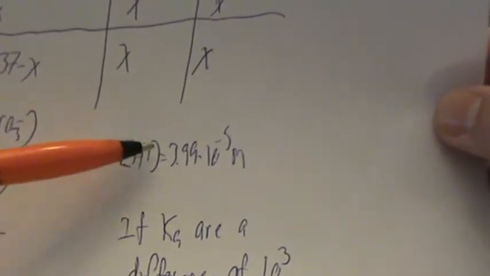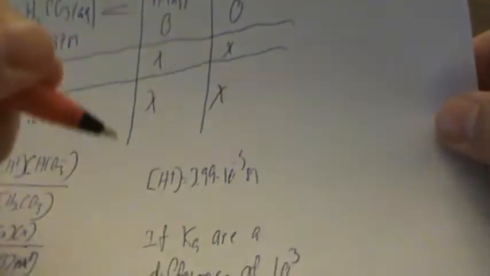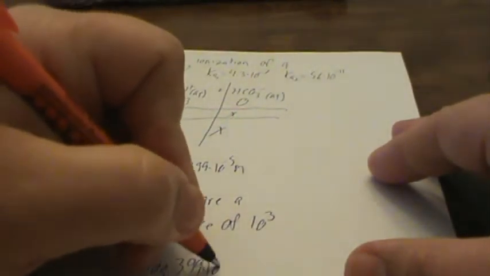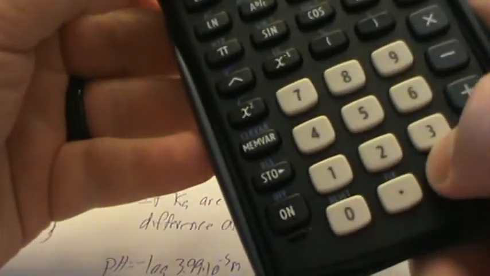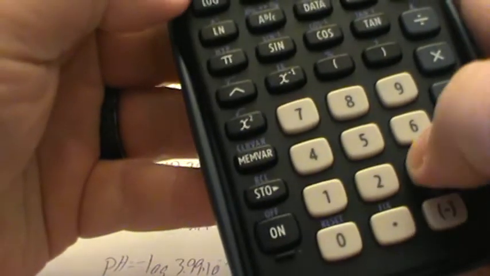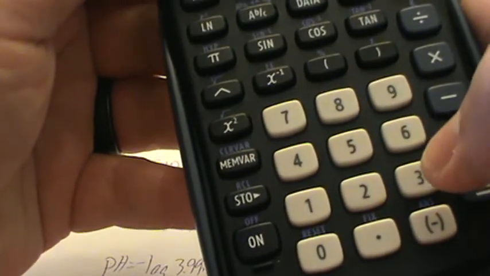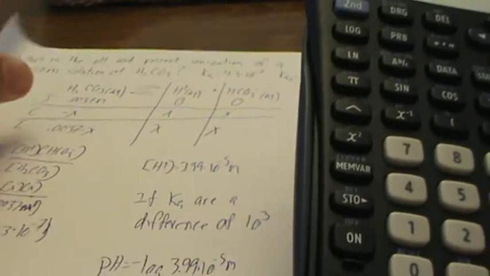So for this one, we have our hydrogen ion concentration, and we can find our pH. pH is equal to negative log of 3.99 times 10 to the negative 5th, and I'm coming up with a pH of 4.40.